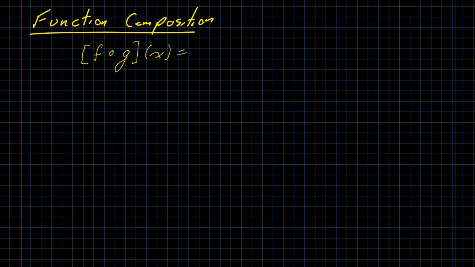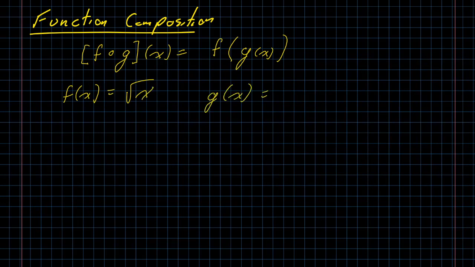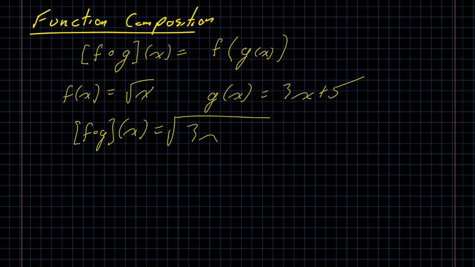F composed with g of x is the function f evaluated at the function g of x. And so if I have a couple of functions, say that f of x is the square root of x, and g of x is 3x plus 5, then f composed with g, evaluated at x, is simply the square root of 3x plus 5.